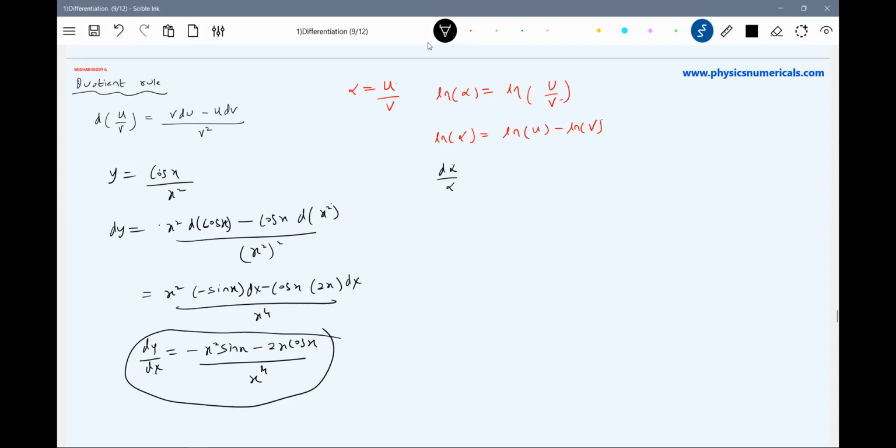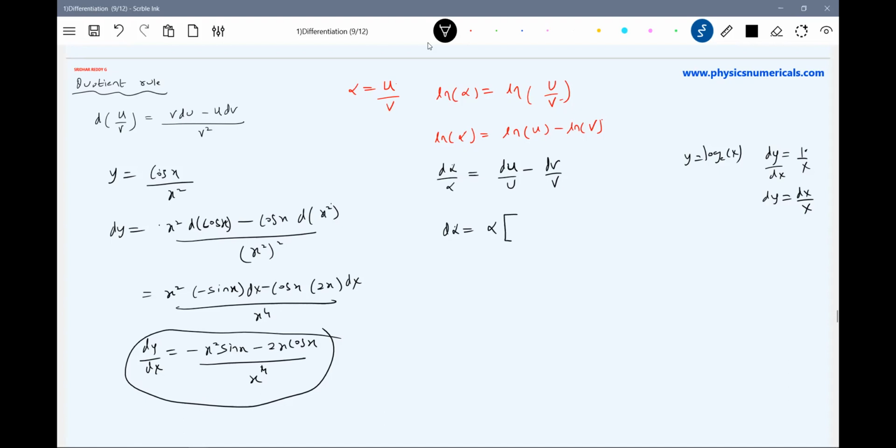Derivative of log x: y is equal to log x, dy by dx, what do you write? 1 by x, or dy you can write as dx by x. So the derivative of log alpha will be d alpha by alpha. Derivative of log u will be du by u. Derivative of log v will be dv by v. Then this d alpha, let me keep as it is here, alpha.